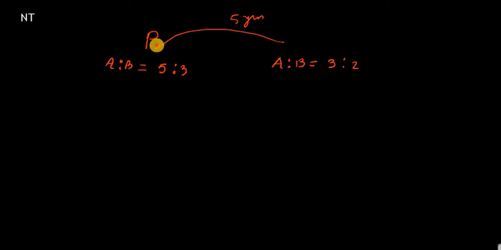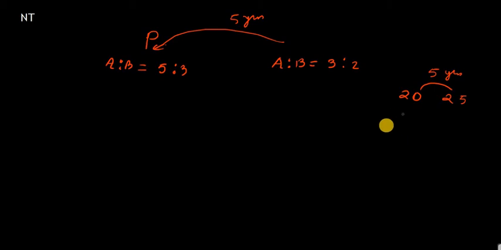Like the present age of A, hold on. In this case, the ratio is given in both cases. For example, one is 20 years, the other is 25 years, so the difference is 5 years.